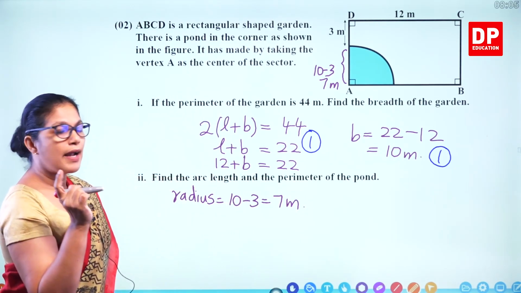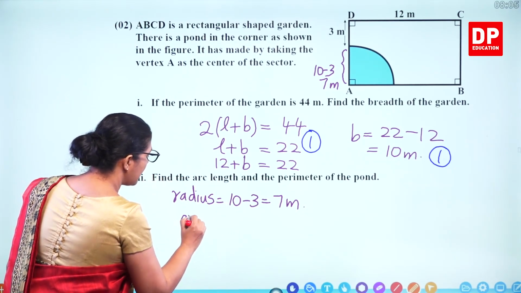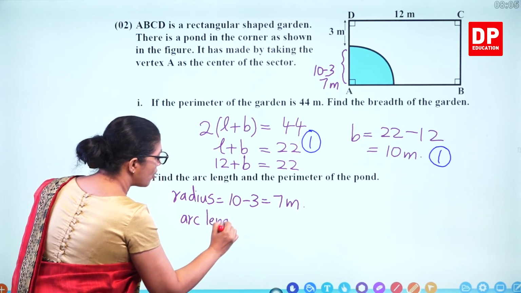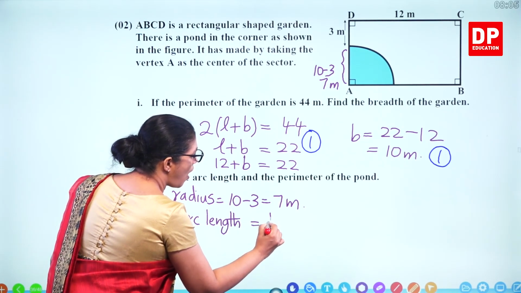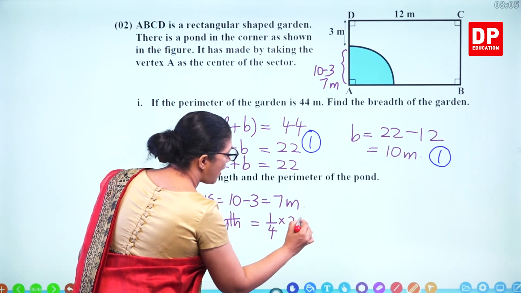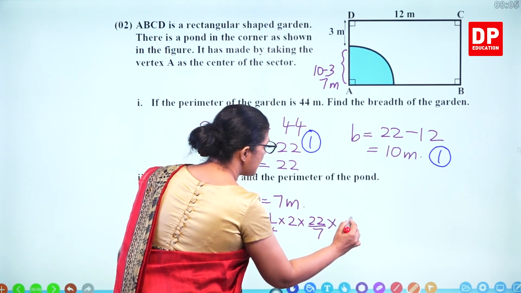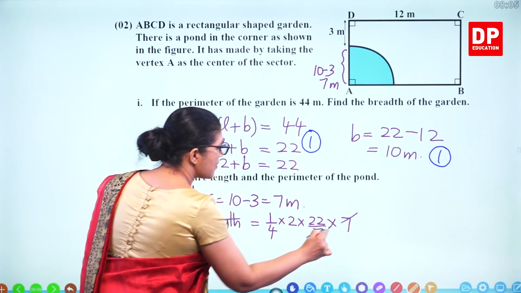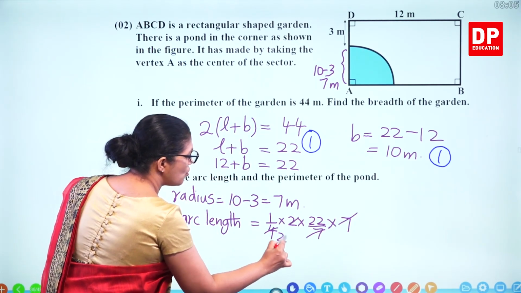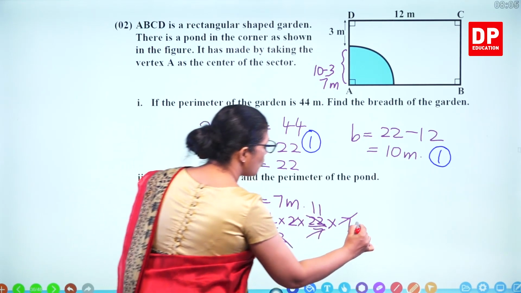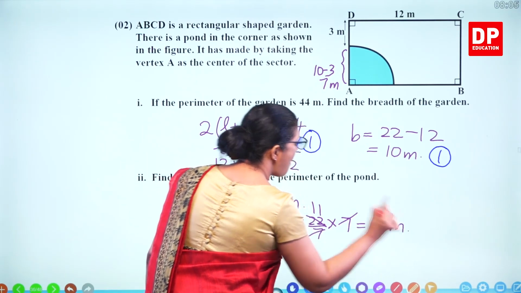And now you can find the arc length. This is a quarter of a circle. So 1/4 times 2 pi r. Pi is 22 over 7. Radius is 7. 7 cancels 7, 2 times 2, 2 times 11. So 11 meters is the arc length of this pond.